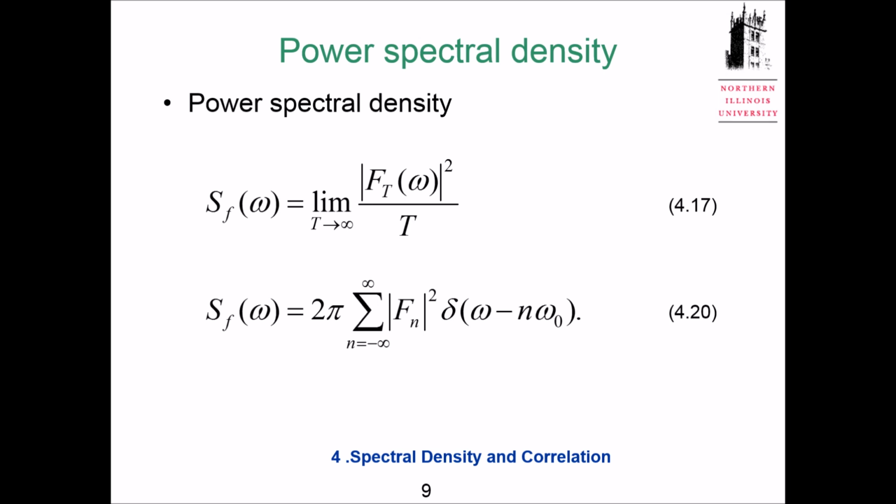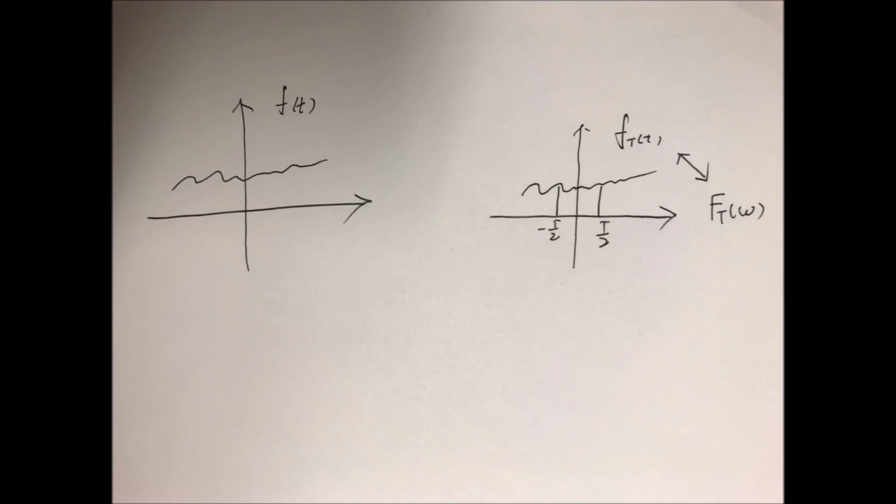Let me give you a definition first. f_T(t) is a part of your original signal. How can we choose a part?